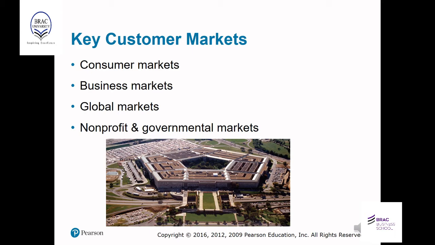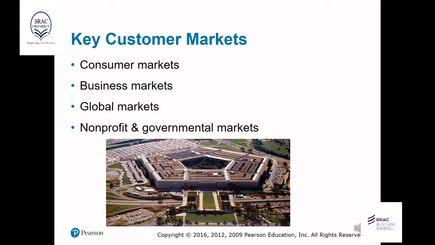But in a non-profit organization, they also make profit, but they're not going to share it with the stakeholders. They are going to reinvest the entire profit, and their main target is to ensure the well-being of the society.